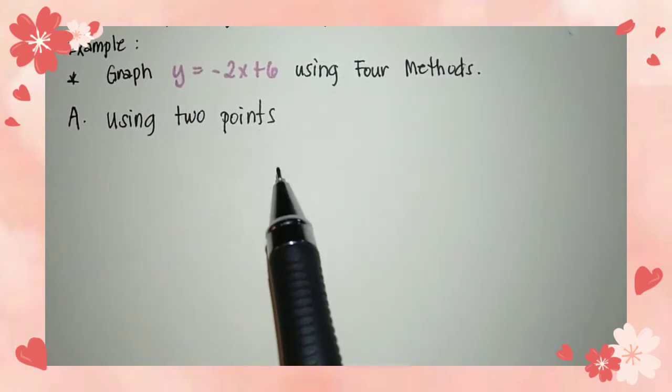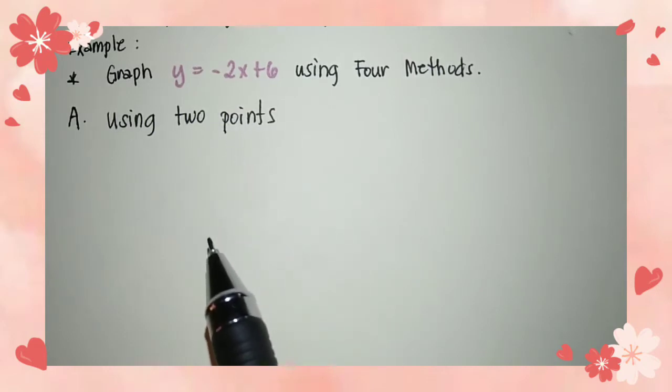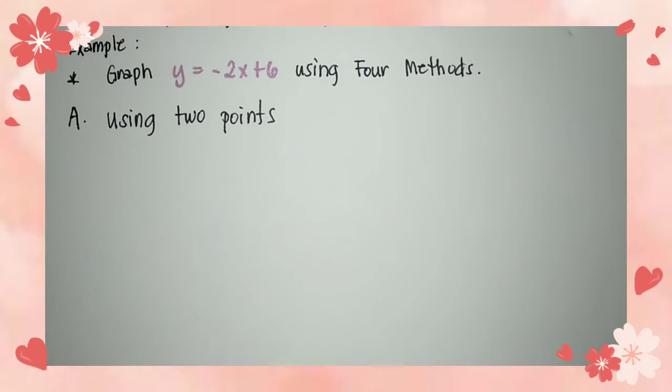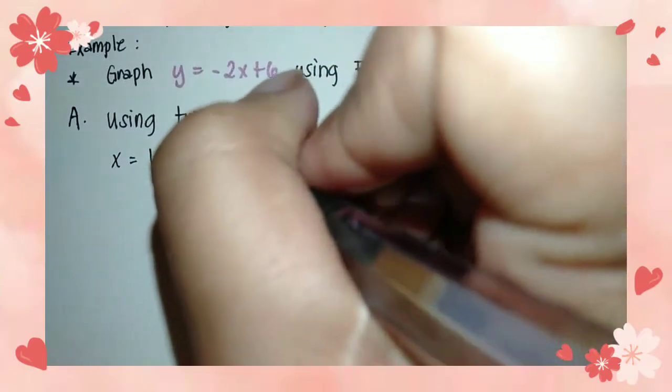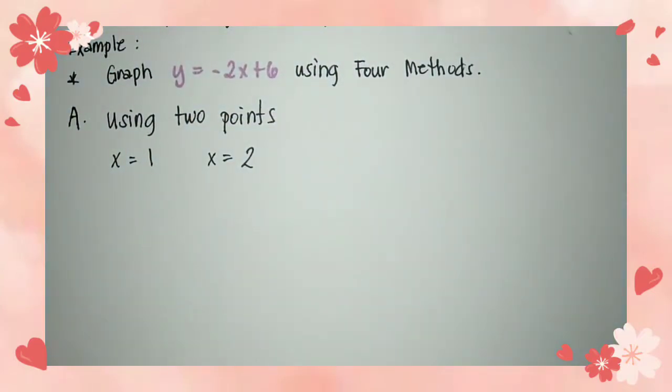How are we going to use 2 points in graphing a linear equations? So first step is to assign 2 values for x. So kahit anong gusto nyong value, basta mag-a-assign tayo ng dalawang value kay x, okay? So for example, we have x is equal to 1 and x is equal to 2. Nag-assign tayo ng dalawang value para kay x, okay?